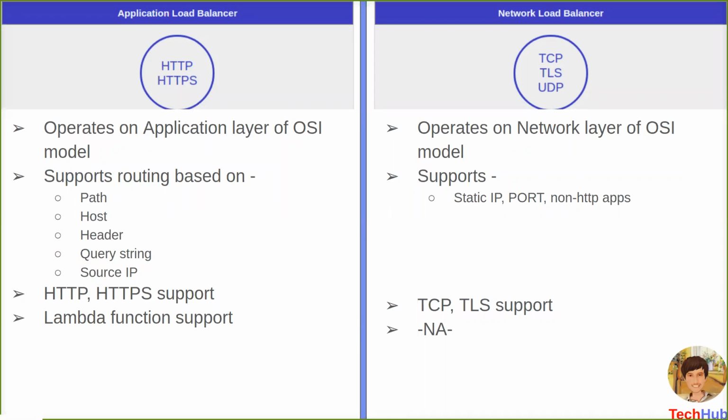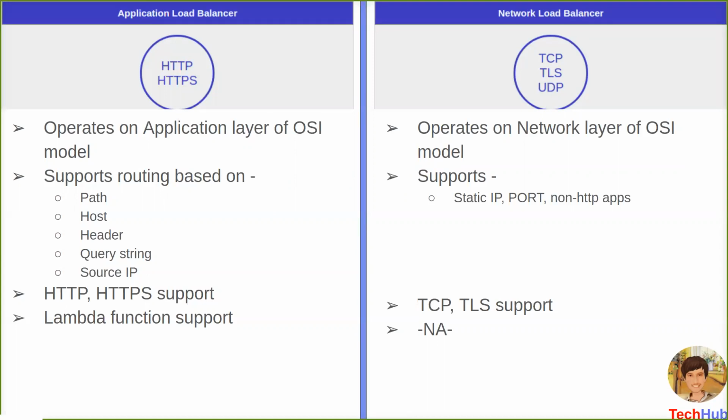The main difference between the application load balancer and network load balancer is that the application load balancer can be accessed and configured at HTTP and HTTPS port level. The network load balancer can be configured with TCP, TLS and UDP protocols. The application load balancer makes routing decisions at the application layer in the OSI model.